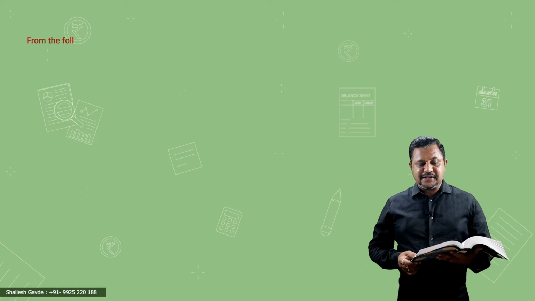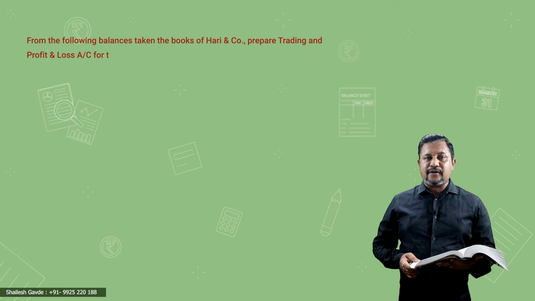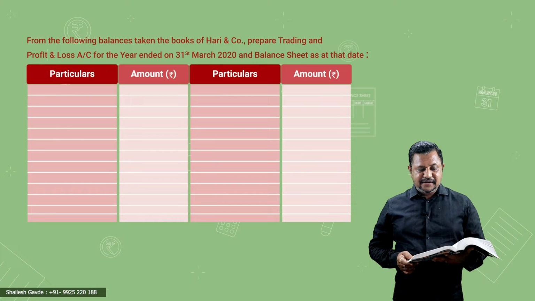From the following balances taken from the books of Hari and Company, prepare trading account, profit and loss account and balance sheet for the year ended 31st March 20.